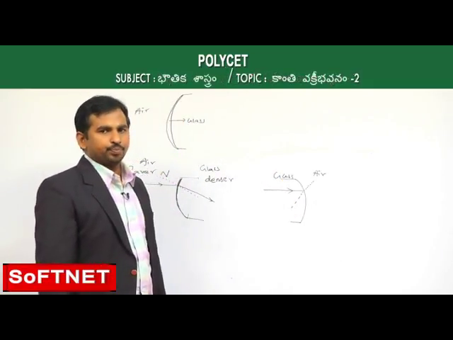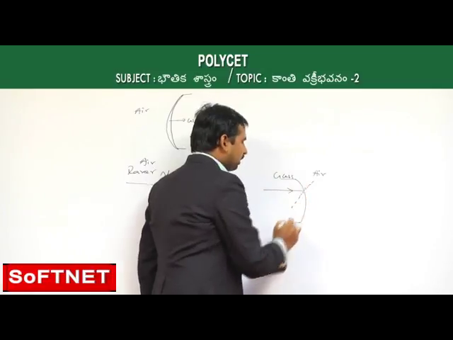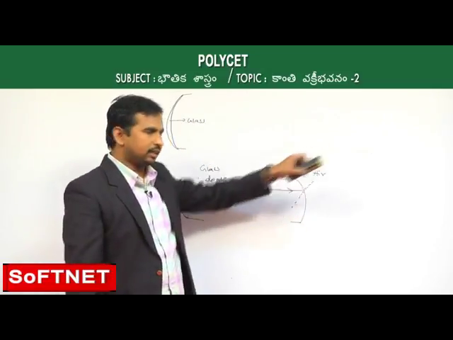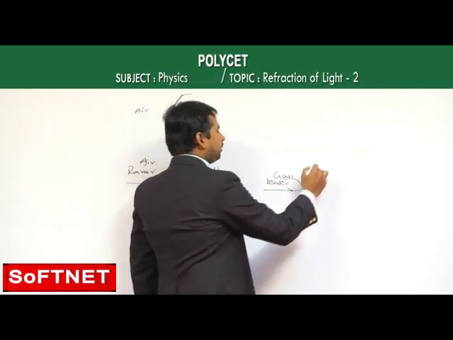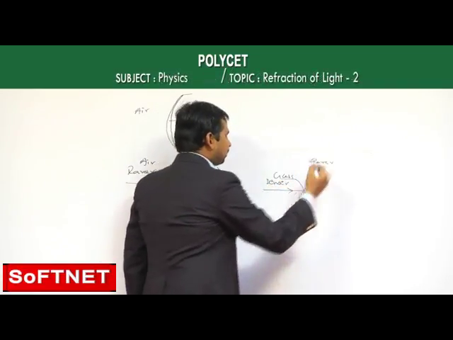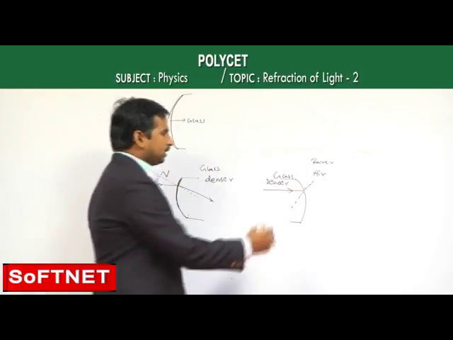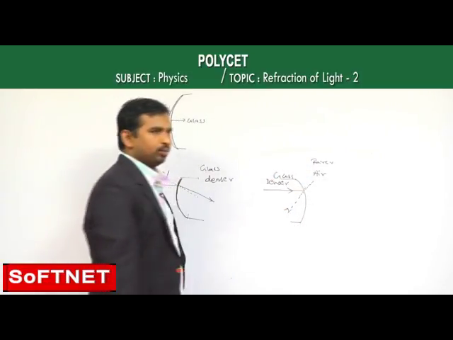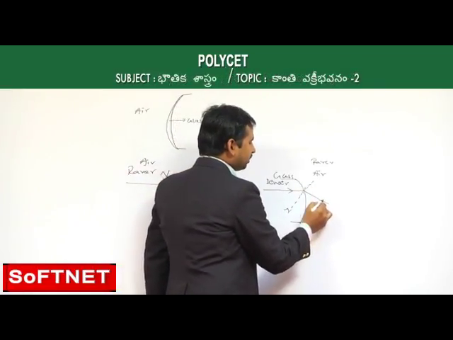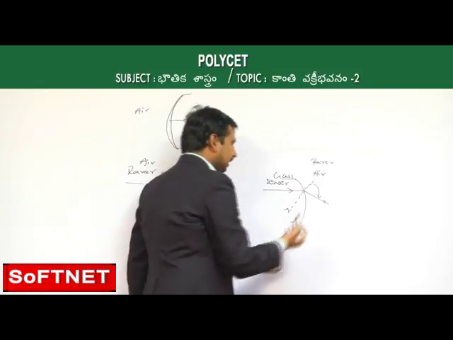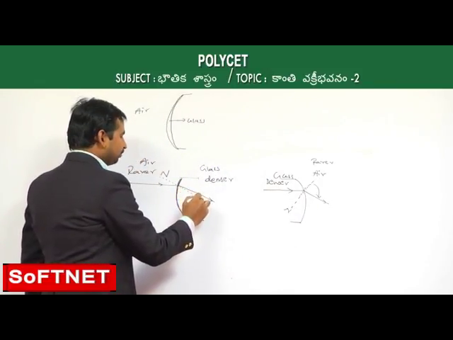Now, does the light ray bend towards the normal or away from the normal? It is going from denser to rarer, because glass is denser and air is a rarer medium. As it is coming from denser to rarer, the light ray bends away from the normal here. Instead of going straight, the light ray bends away from the normal like this. In the earlier case, it bends towards the normal.